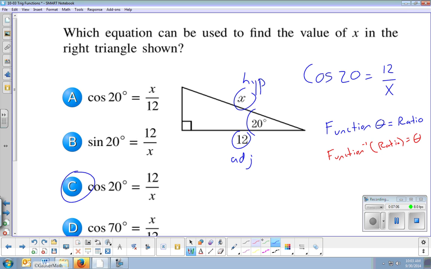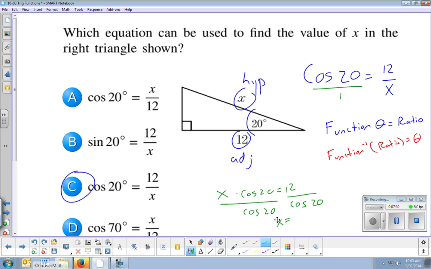This particular equation, if I cross multiplied this out, x times cos 20 would be equal to 12 times 1, which is 12. And then to solve for x, I'd have to divide by cos 20. So sometimes it's not just cross multiplying. Sometimes you also have to divide. So 12 divided by cos 20.